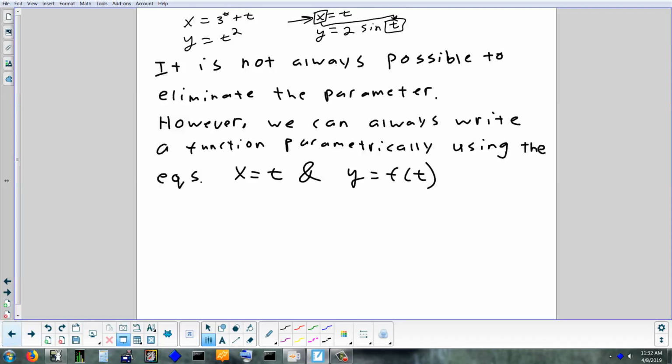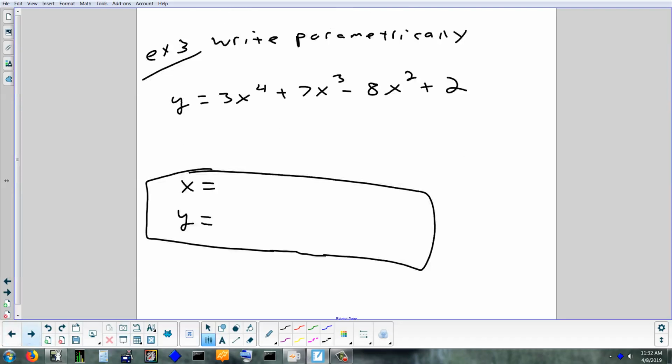Okay, so let's try it on this one. I want to write this equation parametrically. Now, you don't have to worry about the interval on this, like t should go from 0 to 1. This kind of problem, you don't have to worry about that. Let's start with y. Anyone tell me what the y equation should be?